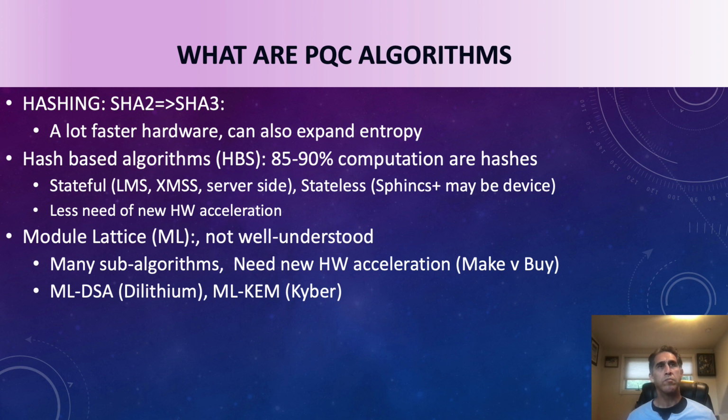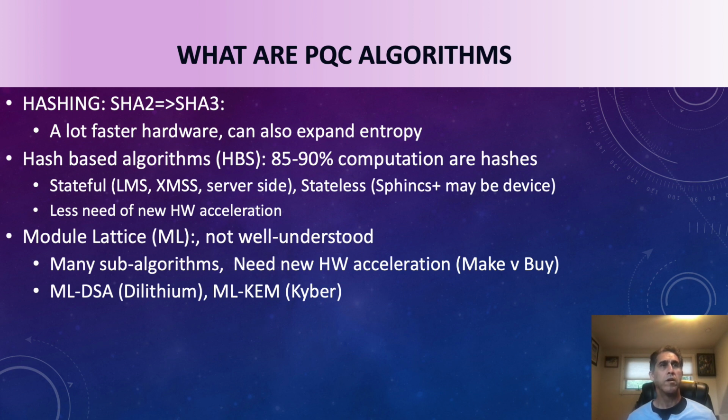And as I mentioned, because this category of algorithms, the hash-based signature algorithms, relies on hash functions, there's less need for new hardware accelerations. The final category is what they call module lattice algorithms. They call them ML algorithms.